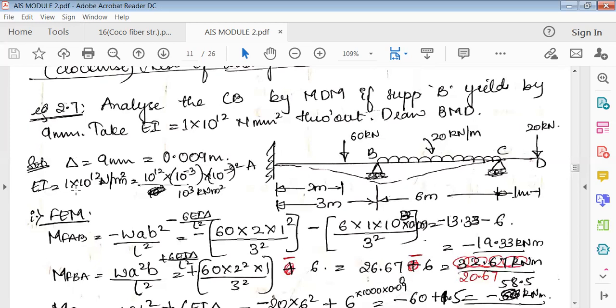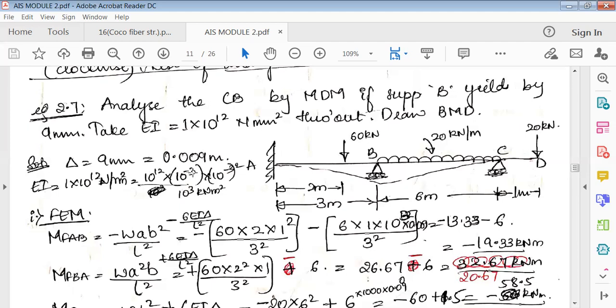Likewise, EI is 1 into 10 to the power 12 Newton mm square. Write this as it is: 1 into 10 to the power 12. Now convert Newton to kilonewton. From a lower value, you're going to a higher value, so it is 10 to the power minus 3.